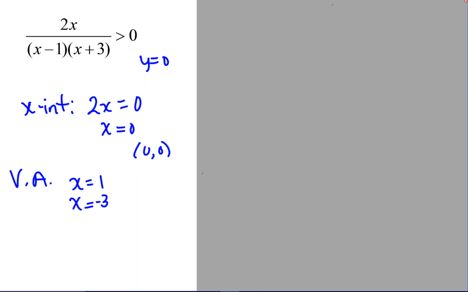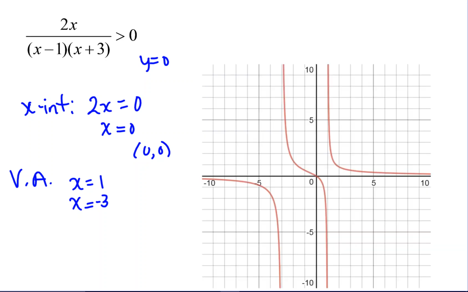Well, the good news is I already have this thing graphed for us over here using a graphing utility. So you can put it in your graphing calculator, but you should already know kind of what those graphs should look like. Remember, this is where my vertical asymptote, x equals negative 3, would be.